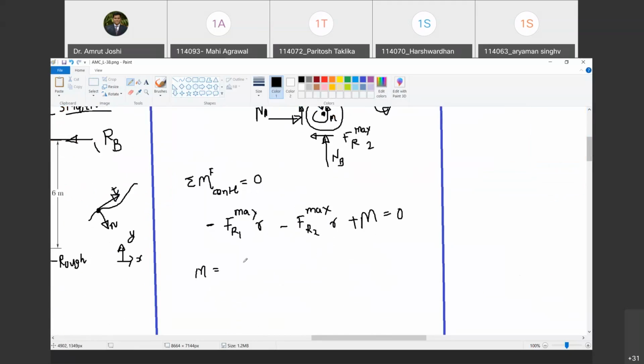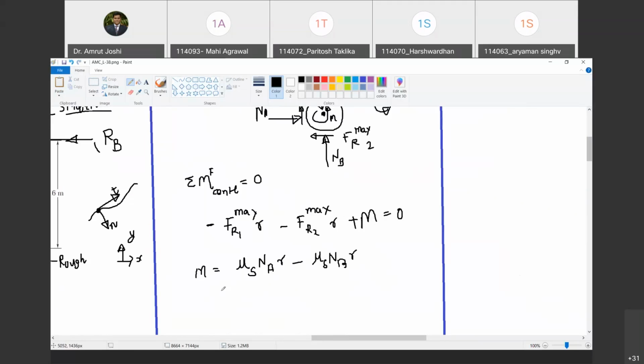So what must be equal to M? M must therefore be equal to Fr1 max. But what is Fr1 max? It is nothing but µs times Na into R. Do you agree with me? Yes, sir. And what is Fr2 max? It is nothing but µs times Nb into R. Happy?